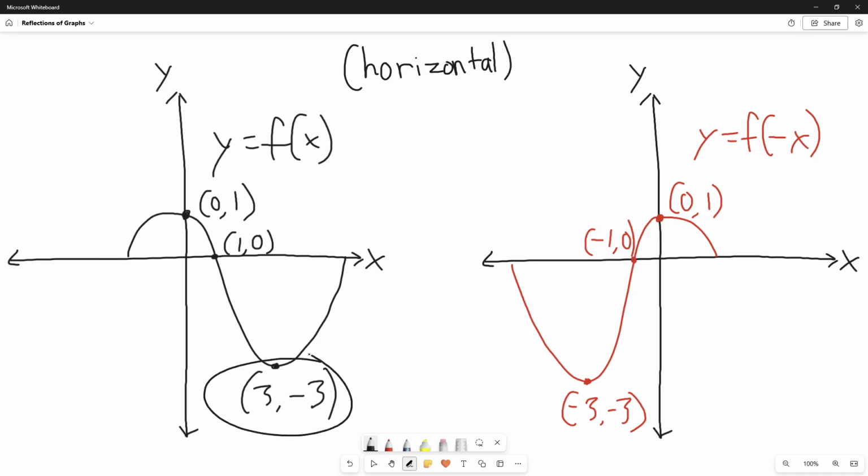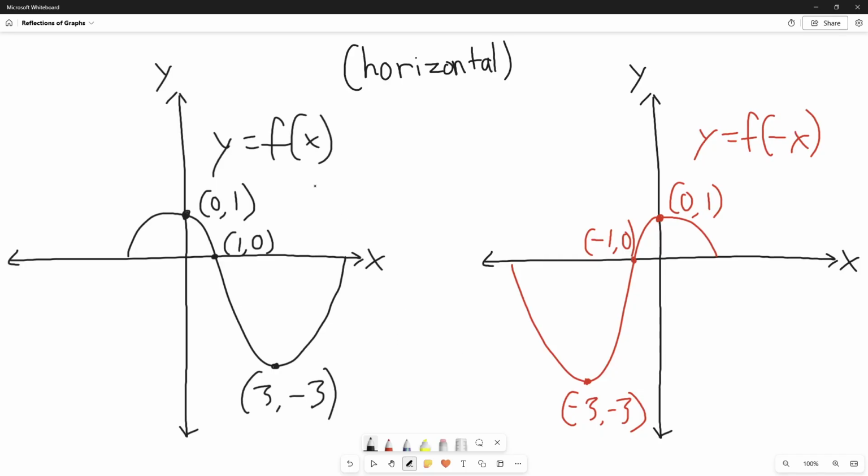This point, 3 comma negative 3, turns into negative 3 comma negative 3 on the reflected curve. So the x value changes as the sign flips, and the y values stay the same, because there's no change done to the y values.